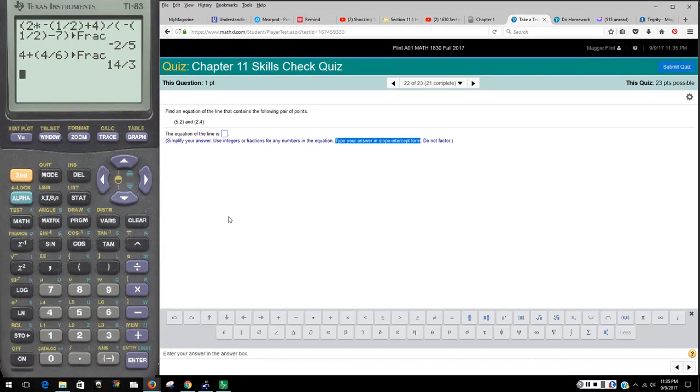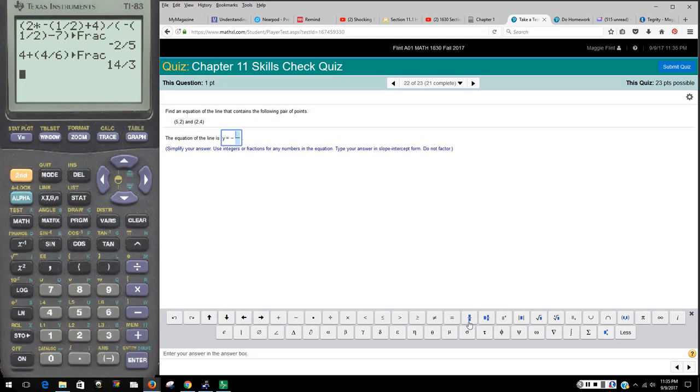Do not factor. So the equation of my line is y equals, my slope is a fraction, so it's negative, parentheses, 2 over 3, times x, plus the fraction 14 over 3.